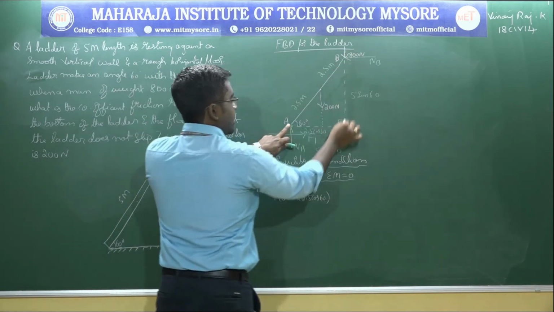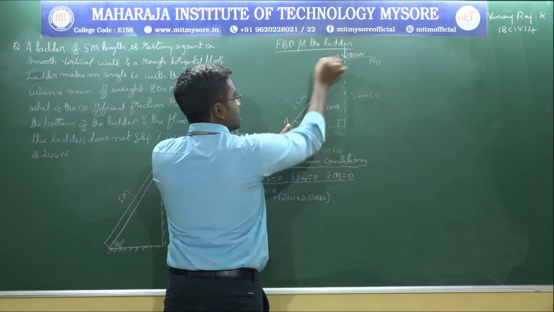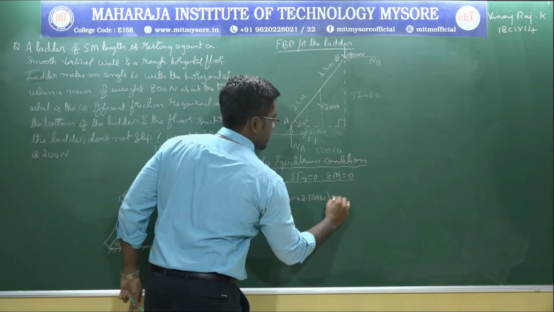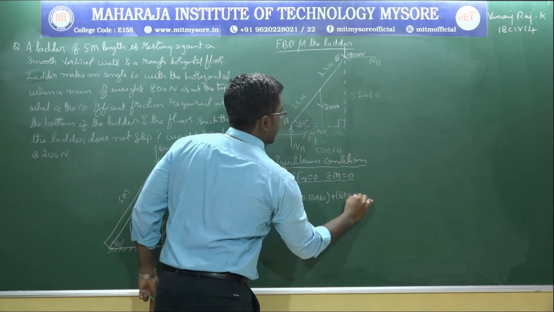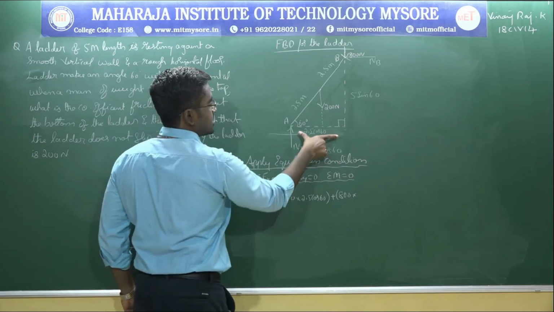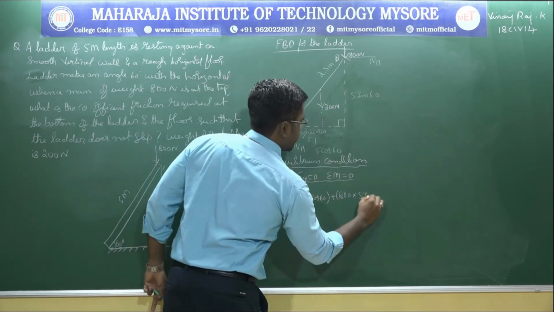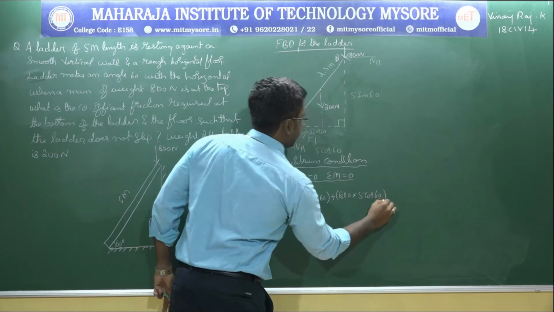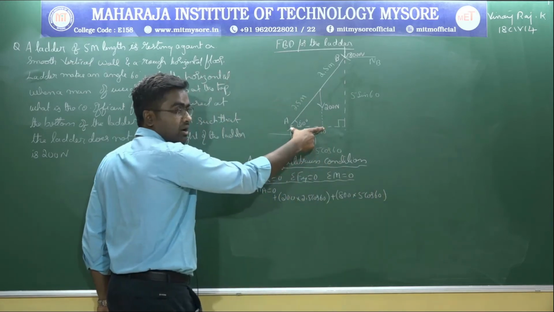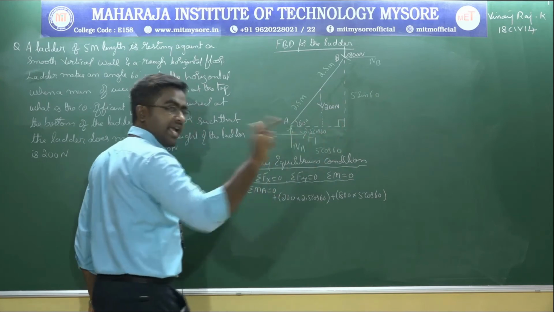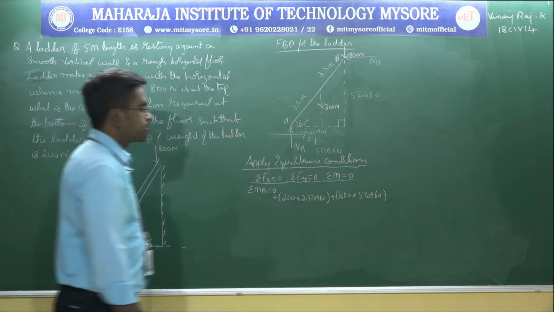Next, this is the 800, which makes clockwise direction. So this will also be positive, that is 800, and the perpendicular distance is 5 cos 60, right?